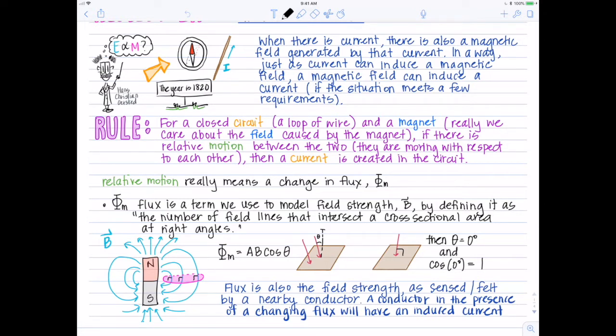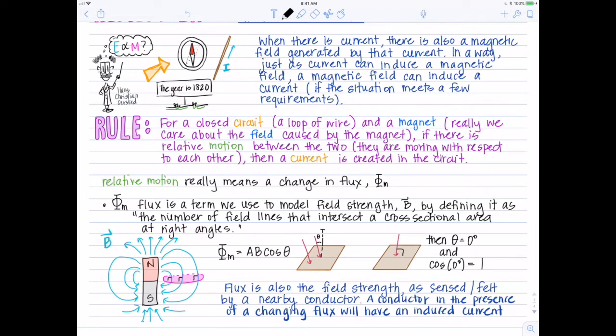When you first encountered flux, we defined it as the number of field lines that intersect a cross-sectional area at a right angle. We also defined flux as the field strength as sensed or felt by a nearby conductor.